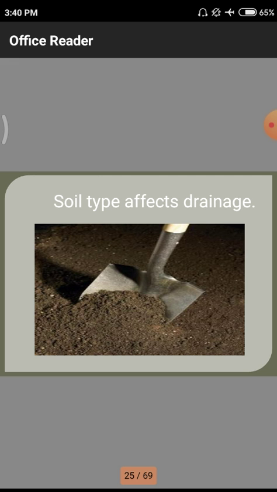Next, we have soil types and how they affect drainage. Normally, as we discussed in the previous points, different kinds of soils have different granular sizes. That means each and every grain has some thickness and diameter. Those are mentioned with the help of D1, D2, D3, D10.